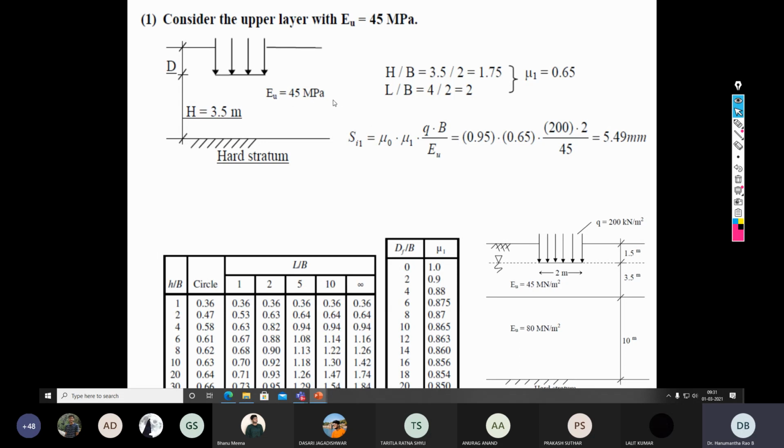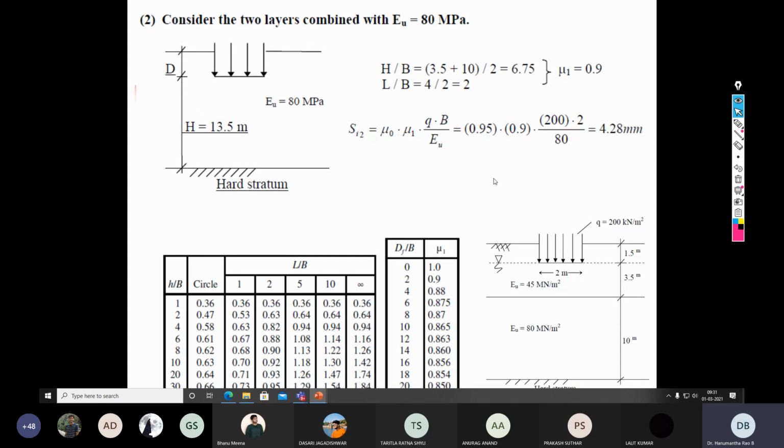We derived the values of mu naught and mu 1 from these two given tables and substituted in the elastic settlement equation, and we have calculated the elastic settlement for layer number 1 as 5 plus millimeter. In a second step, we made a small assumption. Herein, we considered the whole layer thickness as 10 plus 3.5, that is 13.5 meter. And we also made another assumption, that is the elastic moduli of the soil is 80 megapascals.